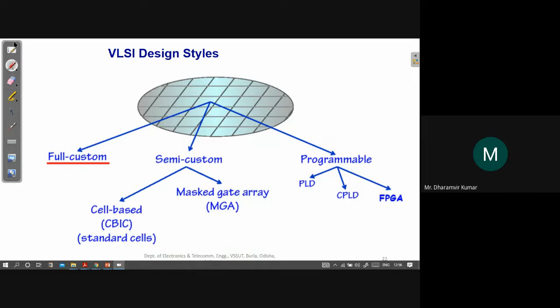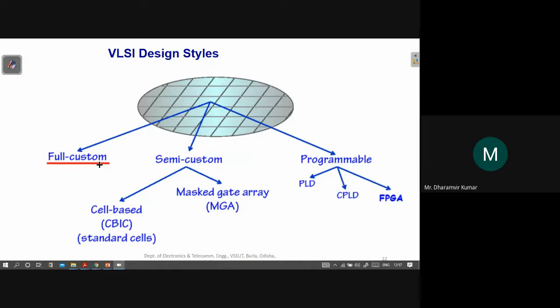Now the next topic is to study about different VLSI design styles. Till now we had seen something about the VLSI design flow, which gave us an introduction about the important steps, the different levels of abstraction, and what kind of information we get at each of those levels of abstraction.